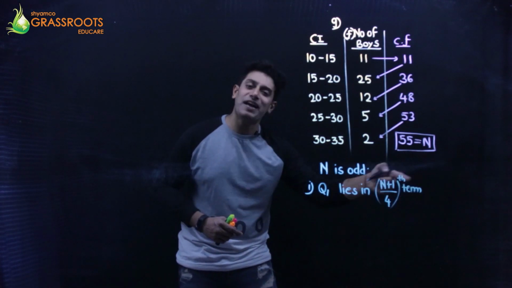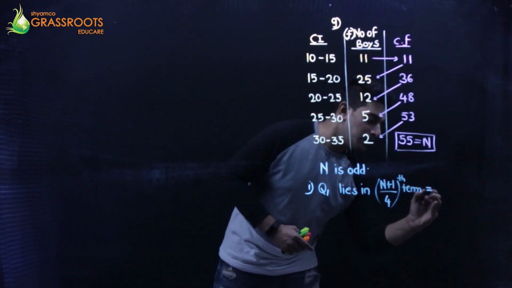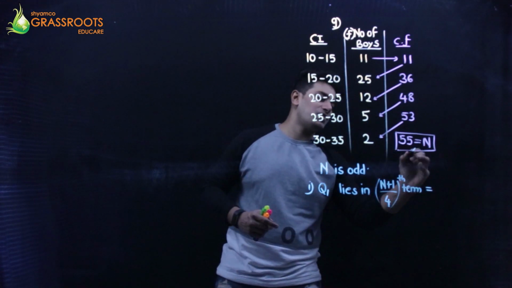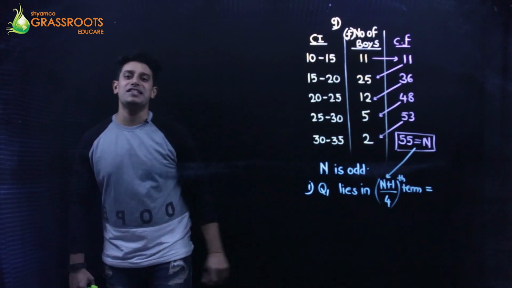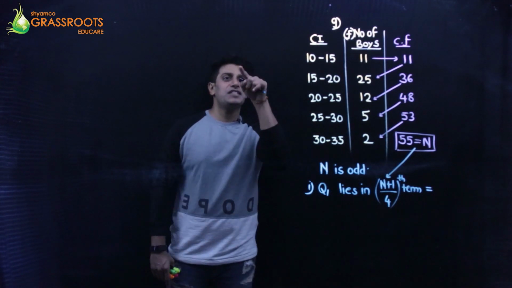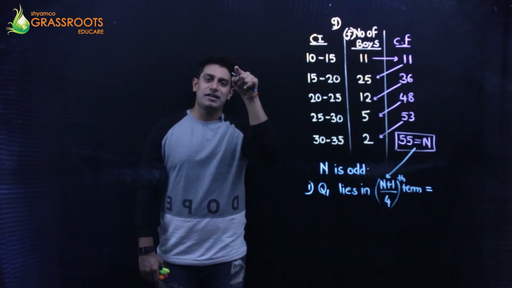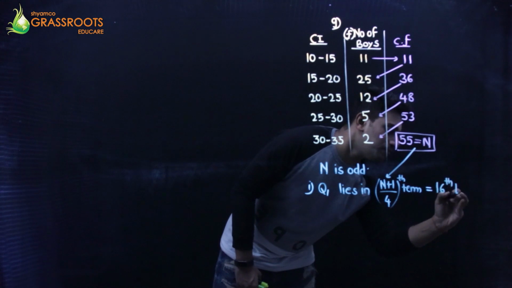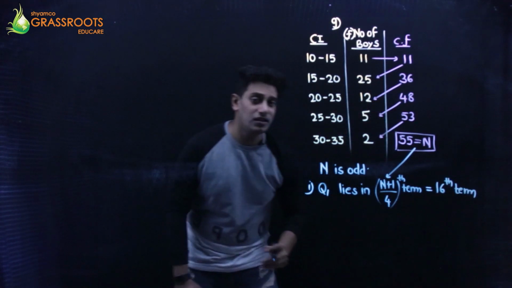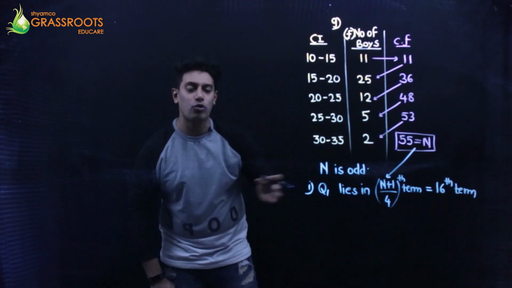Substitute N as 55. 55 plus 1 is 56 by 4. 4 ones are 4, carry forward, 4 fours are 16. Can I say the 16th term? Not my answer, sorry, it's the location of my quartile 1.